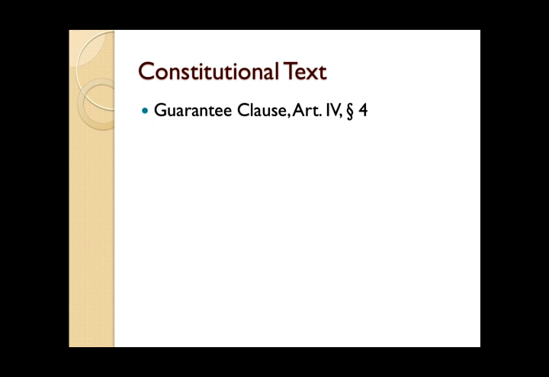A republican form of government is somewhere in the middle. The people don't vote on every law, but they do vote for the people who make the laws. It's a representative form of government. So perhaps the Constitution does guarantee then that the people be able to vote for their representatives, right, indicating the importance of the vote.